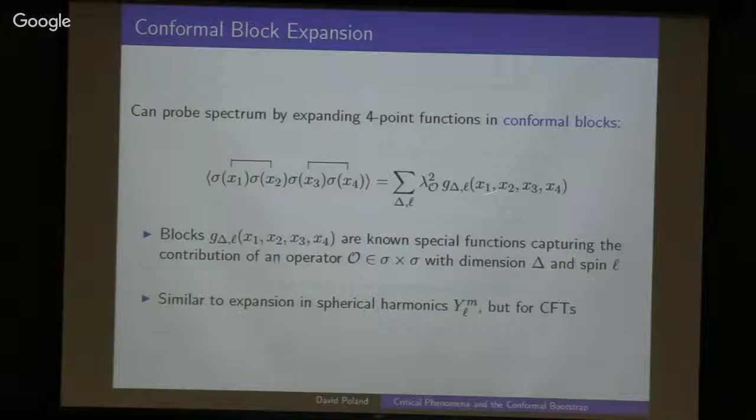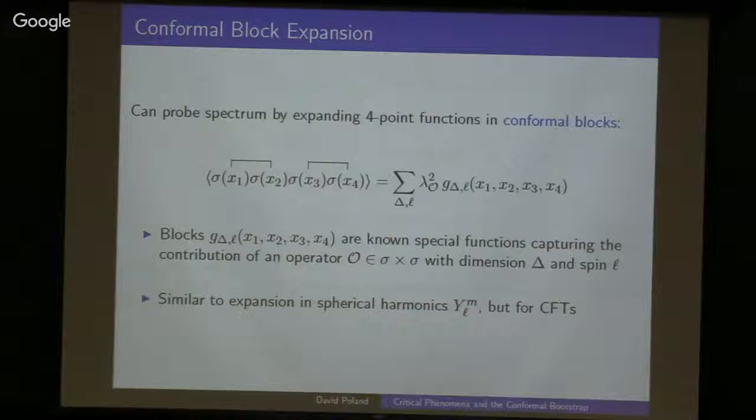Okay, so what are these conformal blocks? Conformal blocks are known special functions. In some cases, they can just be written in terms of hypergeometric functions. In other cases, we have well-defined power series expansions that we can use to compute them. And they capture the contribution of an operator in the spectrum, O, to the 4-point function. It's labeled by the dimension and angular momentum, or spin, of the operator.